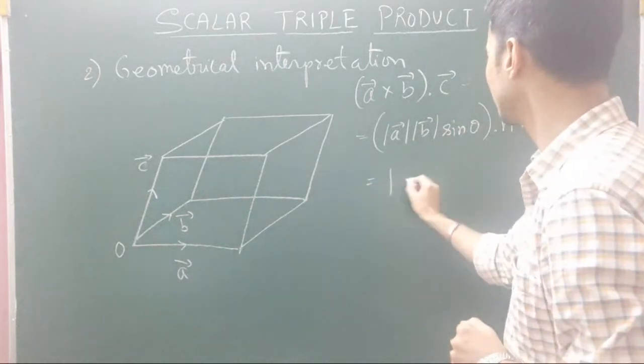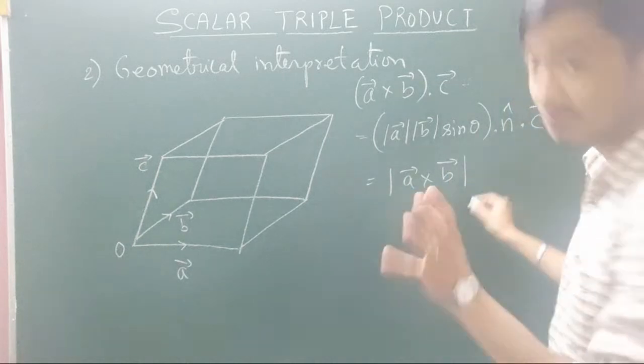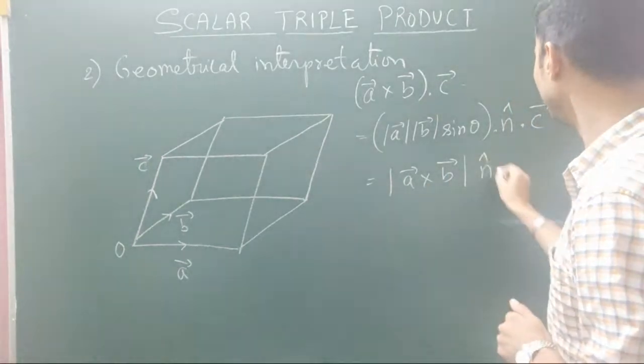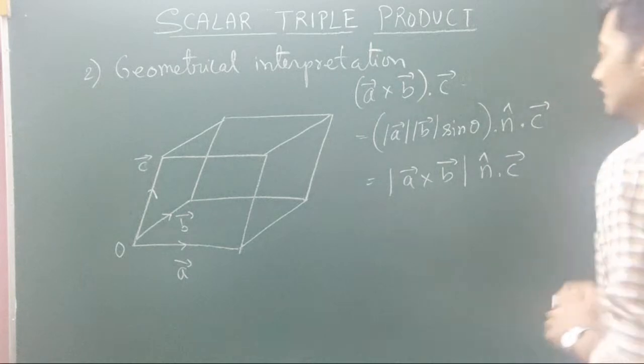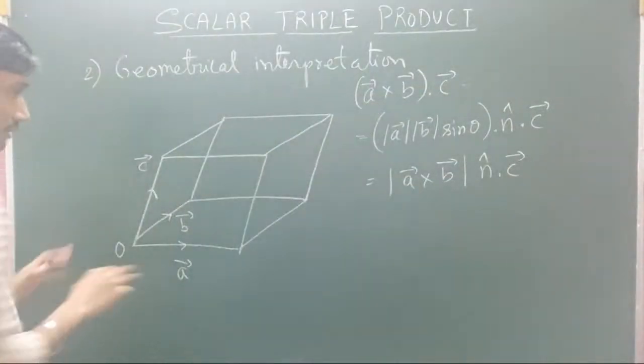Now, this is nothing but the magnitude of A cross B, into n cap, dot C. So far, that's what we have.